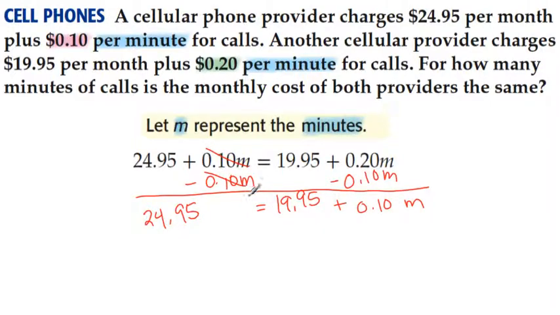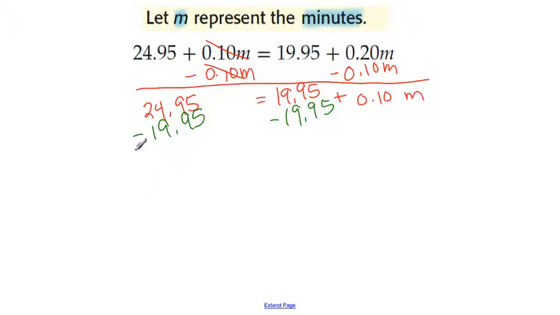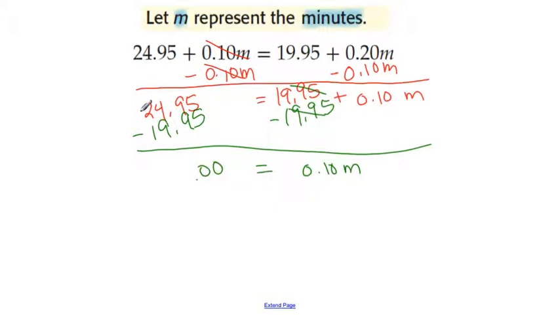Now we need to get the constants together. So the next thing I'm going to do is subtract 19.95. Whatever I do on the right, I must do on the left. Okay? So let's draw our line. These now add to 0. Here's my equal sign. This is 0.10 m is equal to, what do we get here? 0, 0, and we got to borrow this one, so that looks like $5.